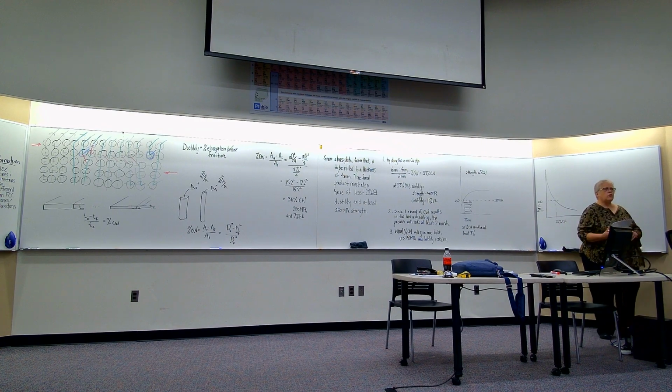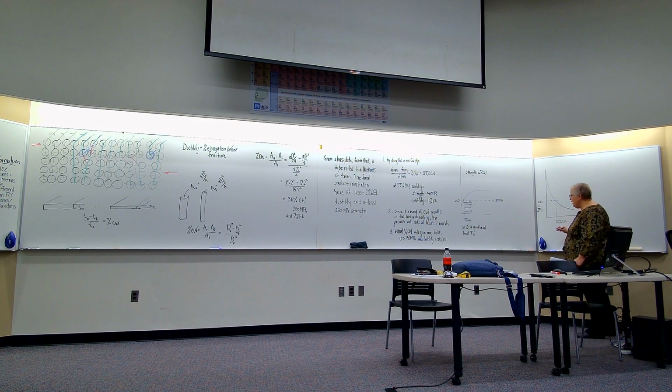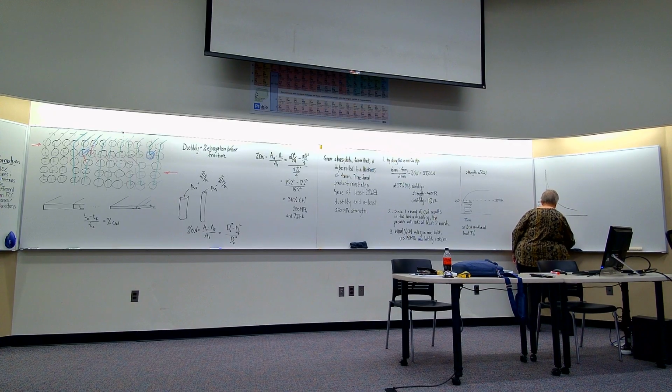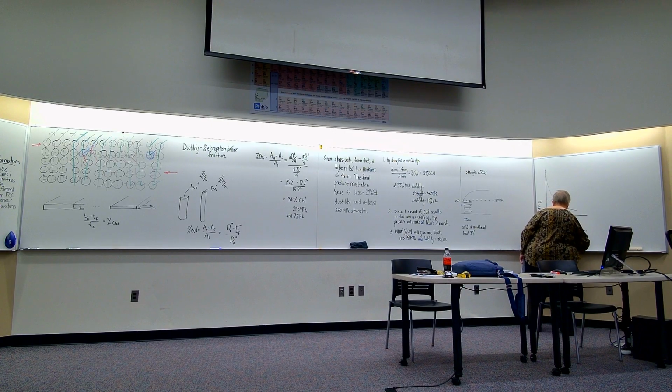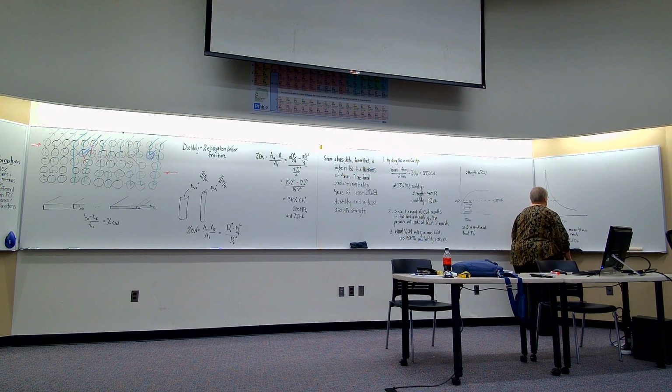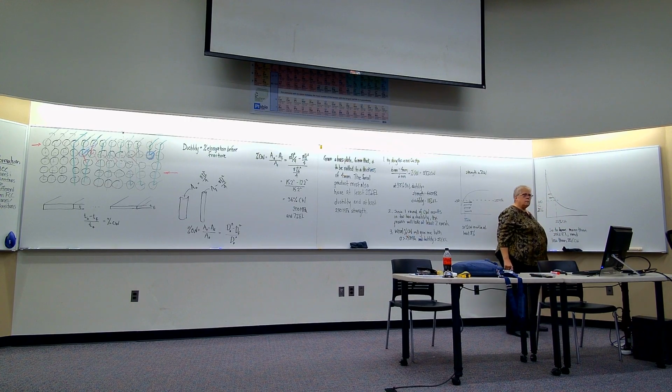Can we see where those cross on your graph? So that means if I want more than 20% elongation in my ductility, I need less than 20% cold work.